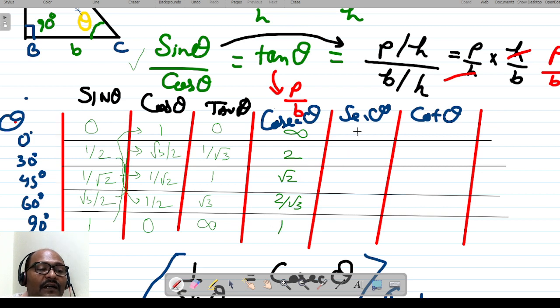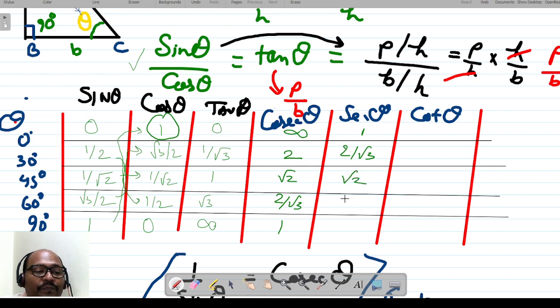Similarly, for sec theta, sec 0 will be 1 by 1, which is 1. Sec 30 degree is 1 by root 3 by 2, that means 2 by root 3. We just reverse the values of cos in the sec column, right?